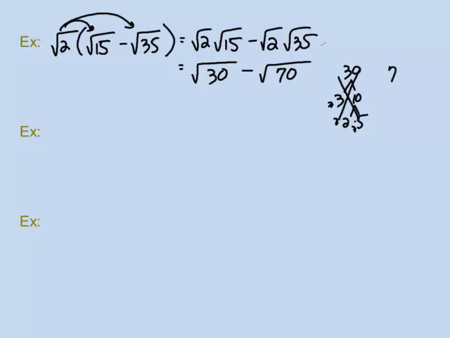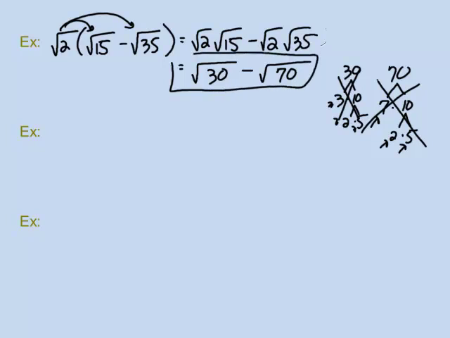So let's look at 70. If you break 70 down, 70 is the same as 7 times 10. And again, 10 will break down to 2 times 5, but none of those three factors appear more than once, and therefore it also has no perfect squares in it. And this then would be your final simplified answer, since there's nothing more you can do, and you cannot subtract them because the radical pieces are not exactly the same.